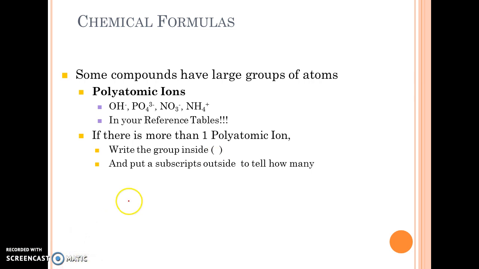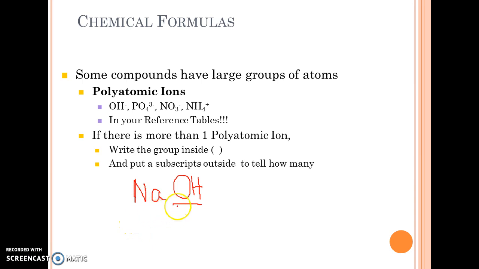For example, let's say we had NaOH. Like I said, you're not expected to memorize what OH is, but you have to be able to recognize that OH is a polyatomic ion within your chemical formula. So this is an example of where we only have one polyatomic ion, and it is hydroxide.